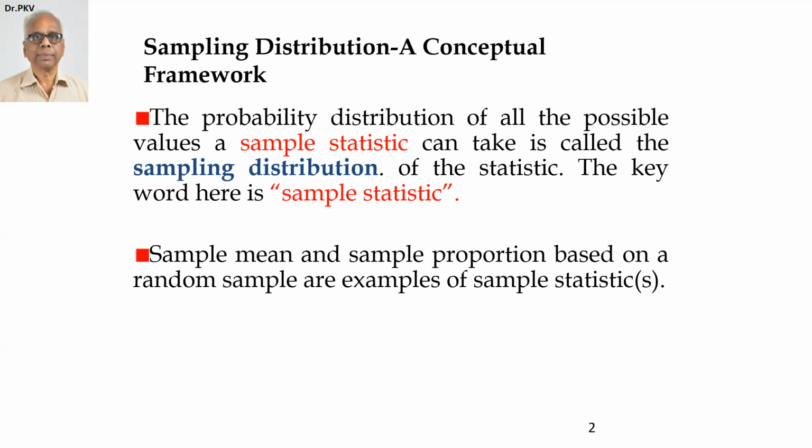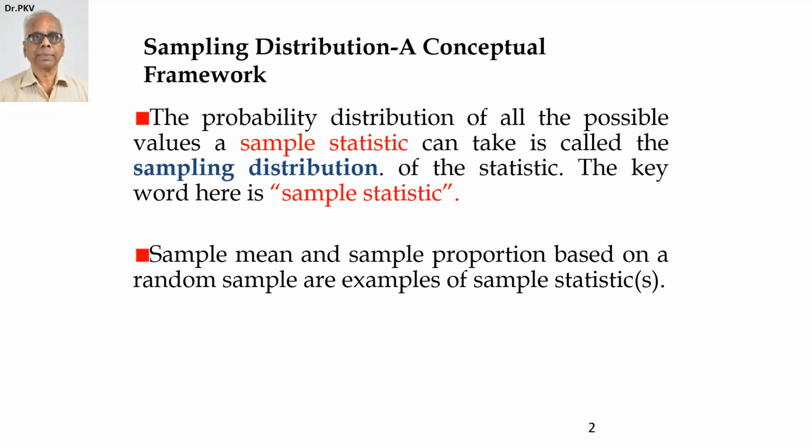So if you are able to generate, for example, the distribution of all possible X bars, let us say X bar is the sample mean. For one sample, I can compute X bar. For example, if I take a sample of size 20, I can draw from the population a sample of size 20 and compute X bar.